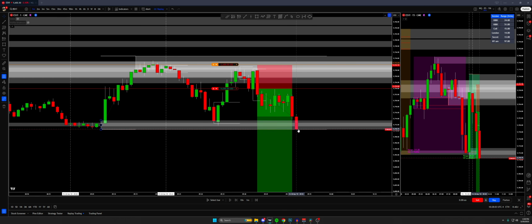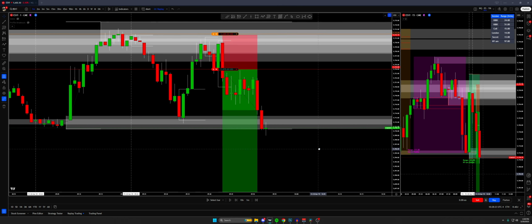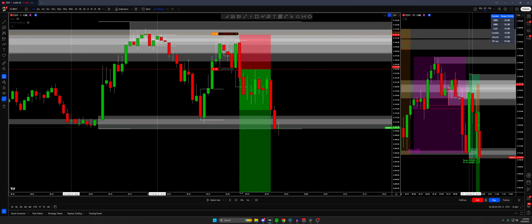Okay, we finally reached the bottom fortification. A good second entry would be when price taps back into this bottom fortification and has a candle count, candle body indication to go lower. So we wicked the low.